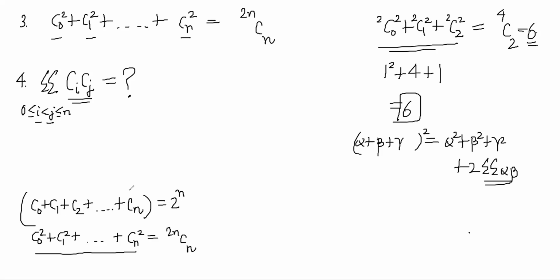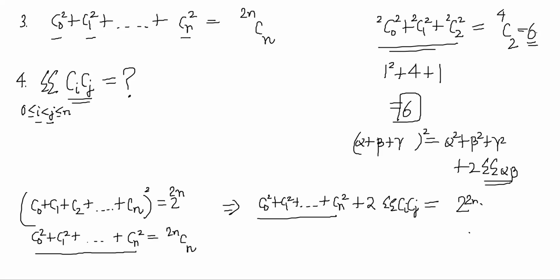So if you have this much square, this becomes 2 power 2n, right? And that should be equal to C0 square plus C1 square plus so on plus Cn square, all the individual squares, plus 2 times the double summation of Ci Cj, is equal to 2 power 2n, right? And we know this is 2n Cn.